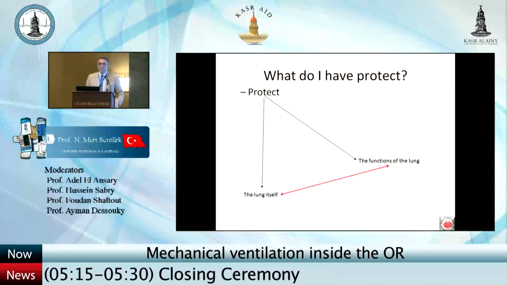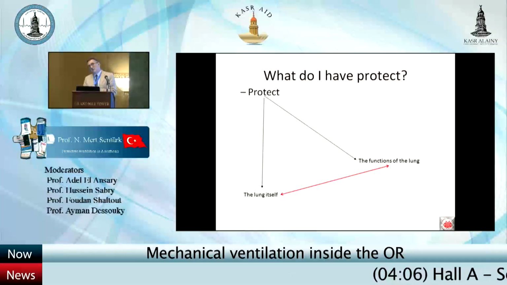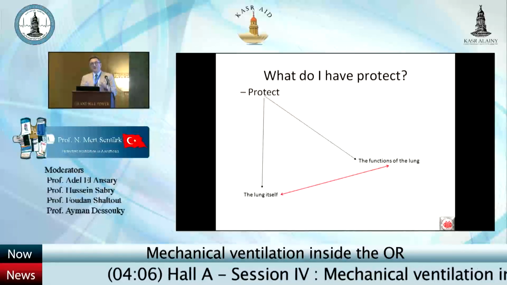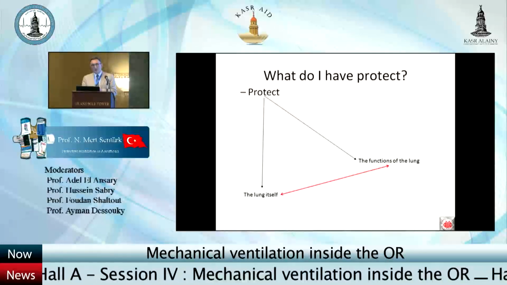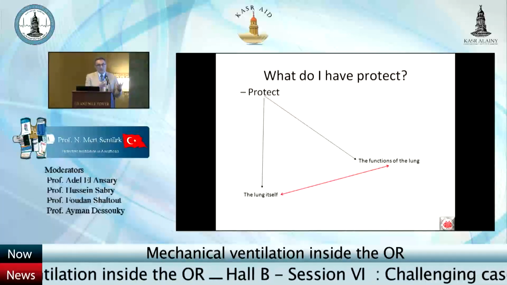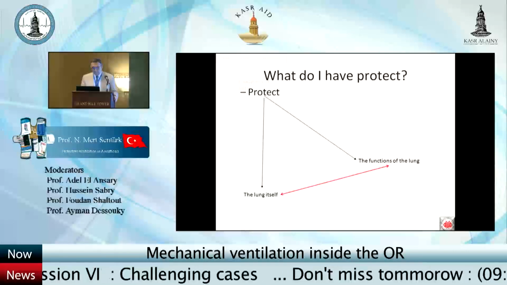Unfortunately, it is often the case that the ways to protect and to maintain the functions of the lung and the ways to protect the lung itself can interfere with each other. I mean, if you do something to protect the functions of the lung, it can be the case that you can harm the lung itself and vice versa.